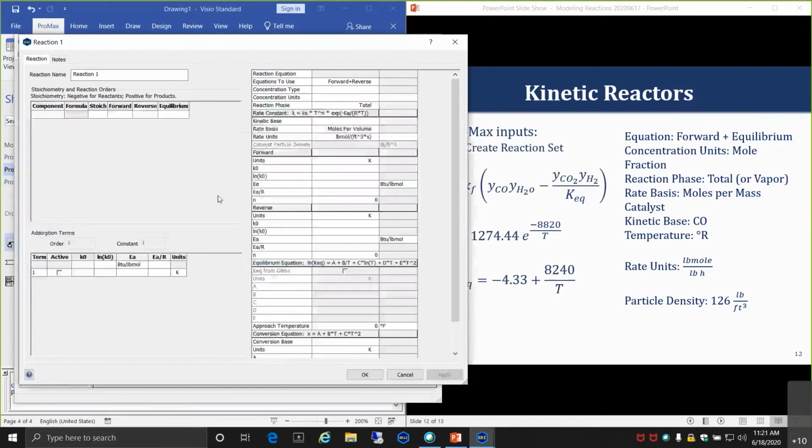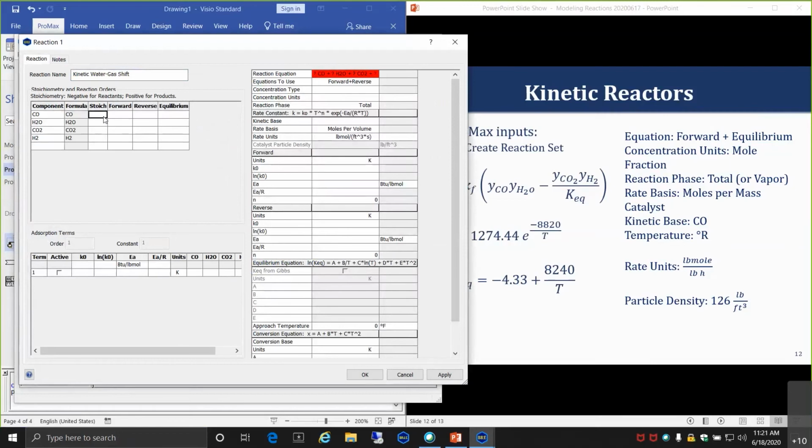So we're going to create a new reaction. This is our kinetic water gas shift. Our components, we got CO and water going to CO2 and H2. Now, we don't need to provide the equilibrium, but we do need to provide our forward and reverse orders of reaction.